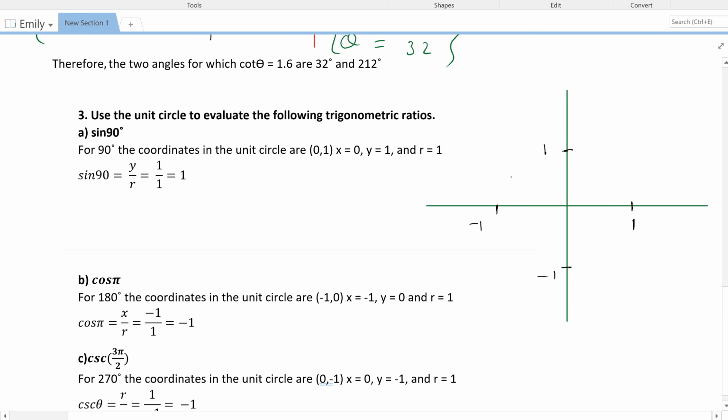You can draw a circle if you want. That point has an x coordinate of 0. X is 0 right here. So this point is 0, 1. And with respect to that point, we're going to have an angle of 90 degrees.